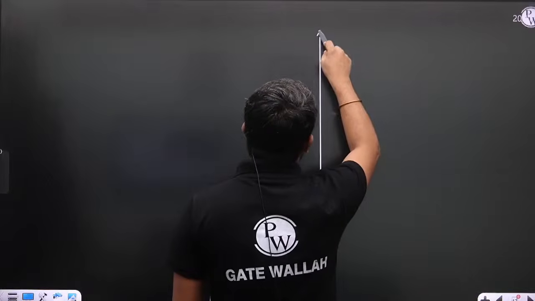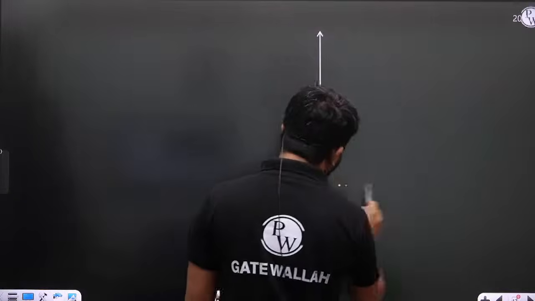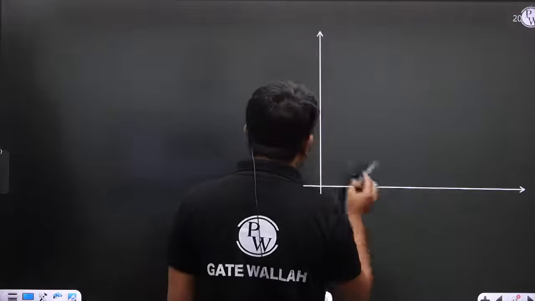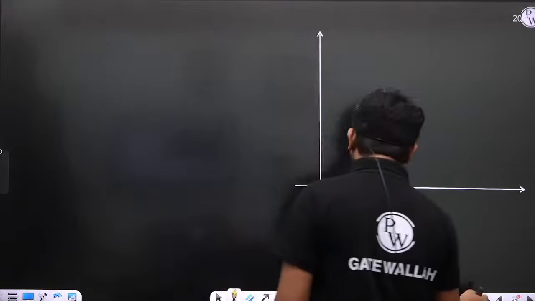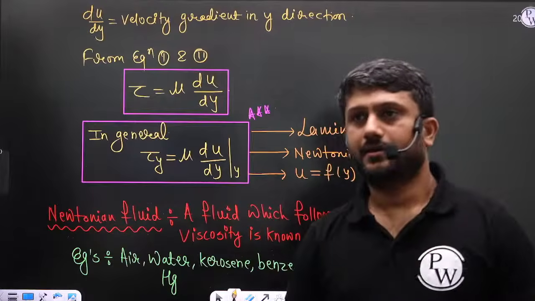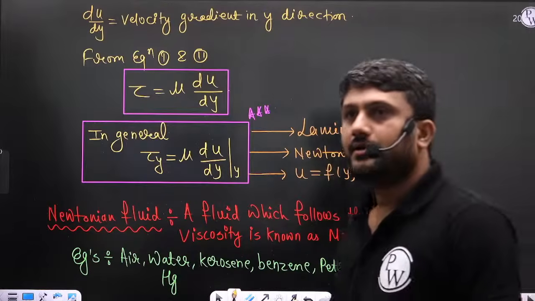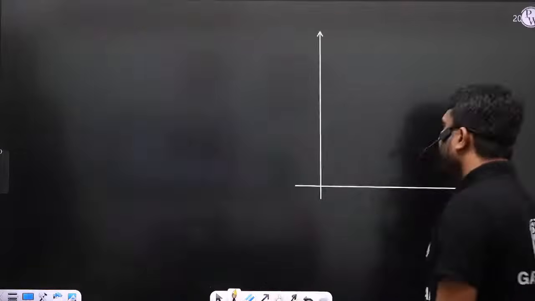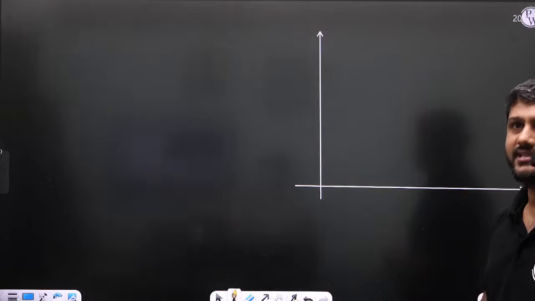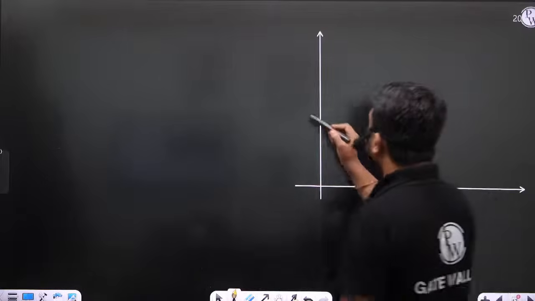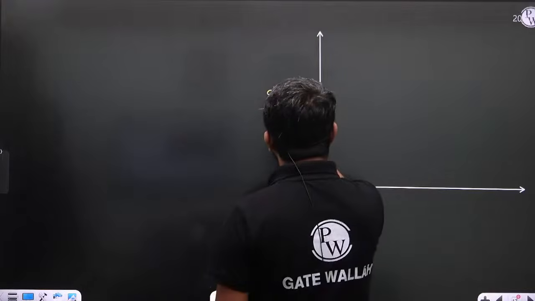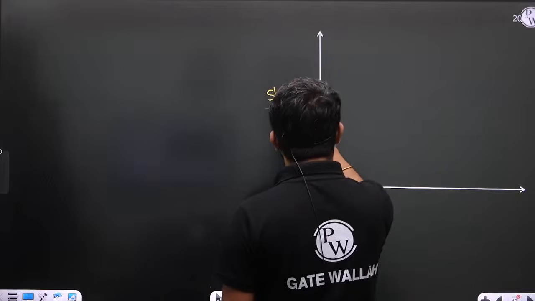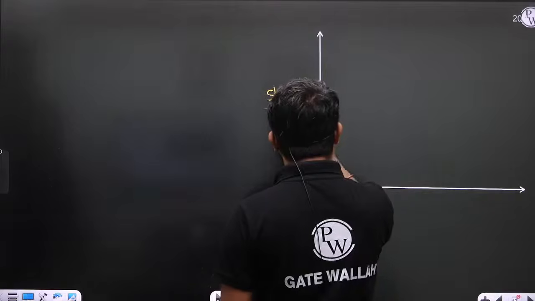If I draw a graph between shear stress and shear strain rate, then on the y-axis there is the shear stress, that is tau.